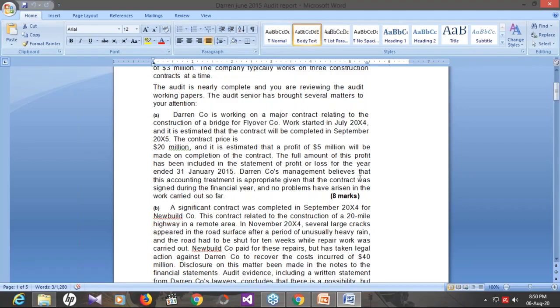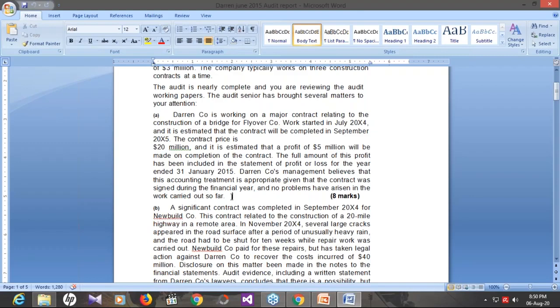Darren Co's management believes that this accounting treatment is appropriate given that the contract was signed during this financial year and no problems have arisen in the work carried out so far. As they think that the contract was signed from February 2014 to 31st January 2015, they need to book all the revenue for this year.